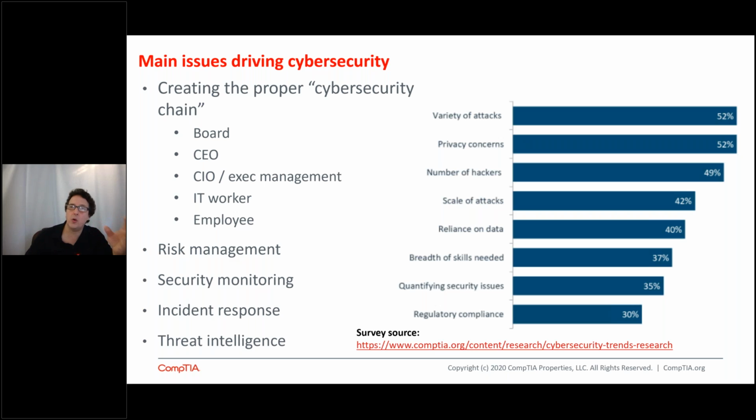Every company, every organization, profit, not-for-profit, government, all has to worry about privacy now. There are more hackers than ever before. The attacks seem to be bigger and bigger because we keep using technology that's kind of at times immature, and we want to use it in a mature way.